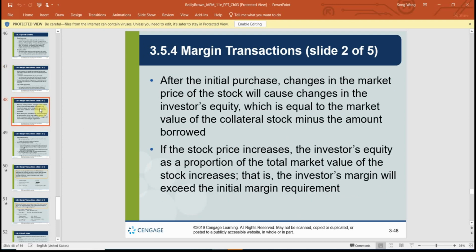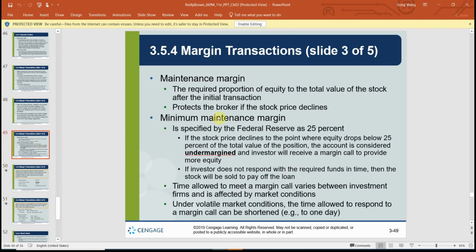All right, so after the initial purchase, of course, the stock price will change according to the market. So when the stock price increases, your equity as a proportion of the total market value will increase, and your investor margin will exceed the initial margin requirement. And if the stock price drops, of course, your investor's margin will drop accordingly, but the broker will not let it drop to zero.